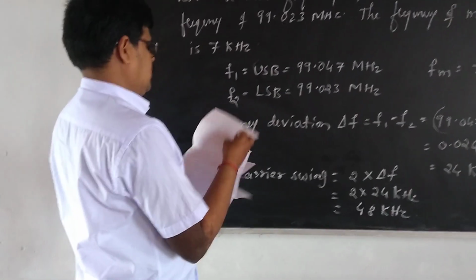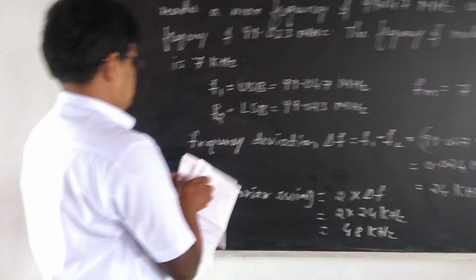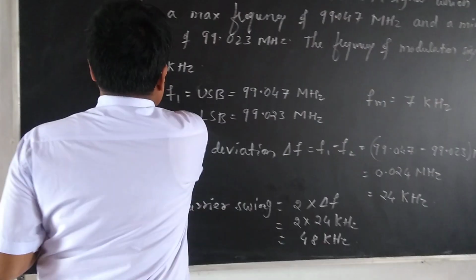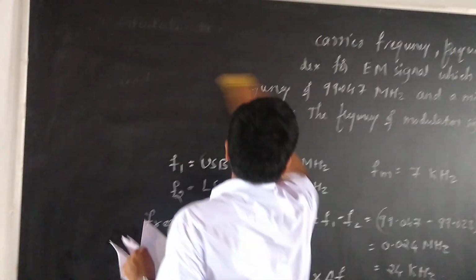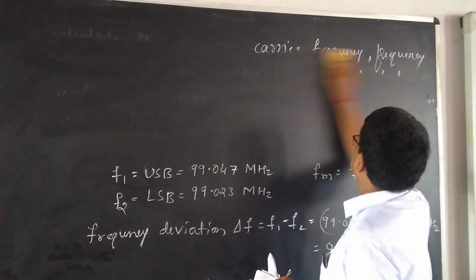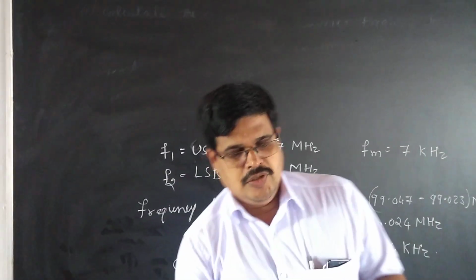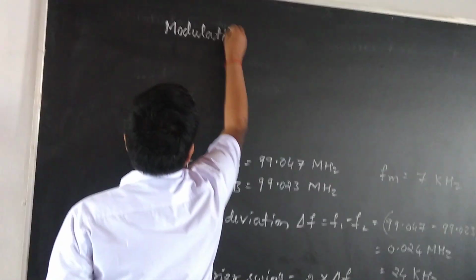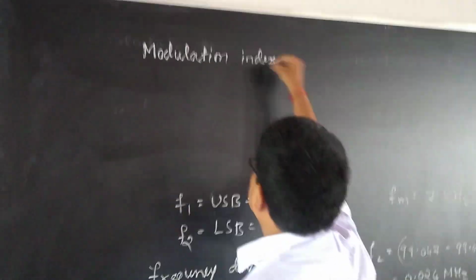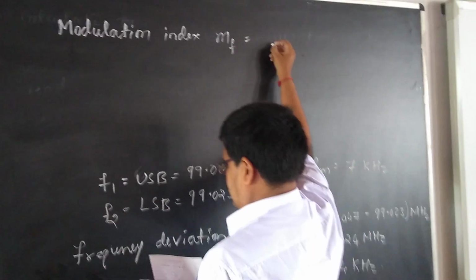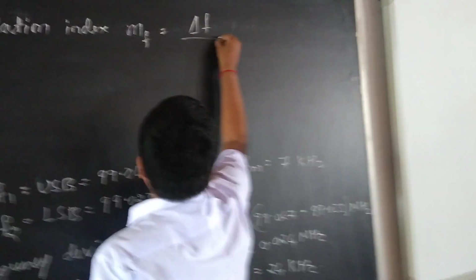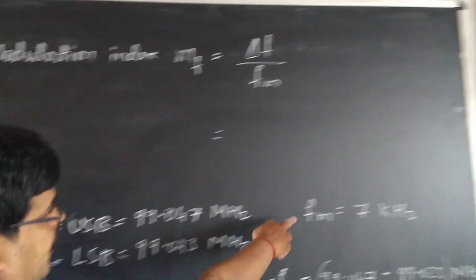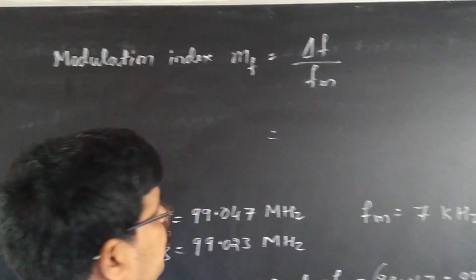In the case of modulation index, say MF is equal to delta F divided by FM, which means frequency deviation divided by the frequency of the modulating signal.